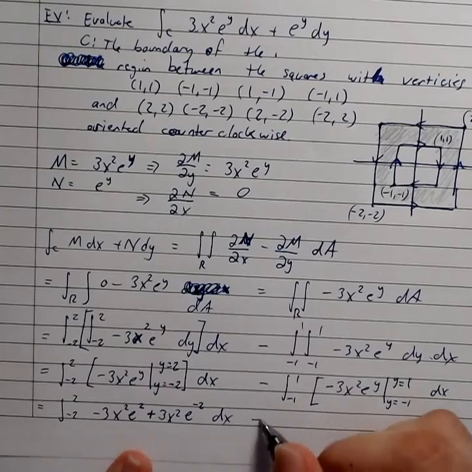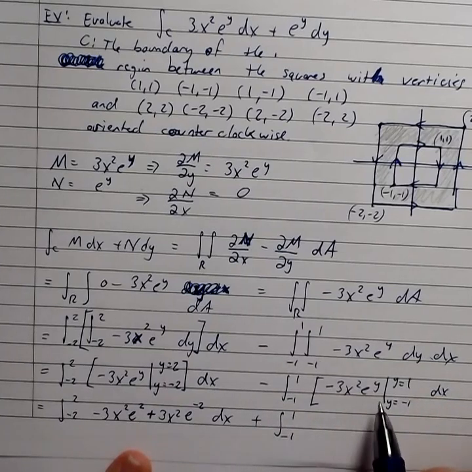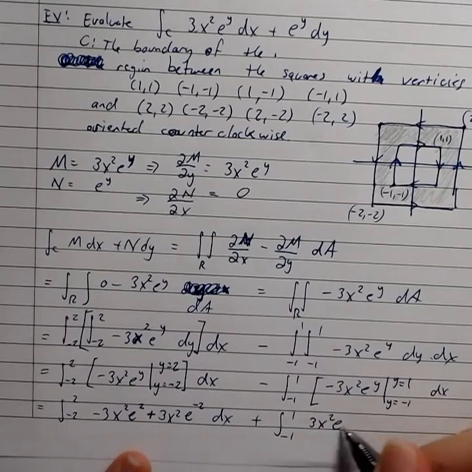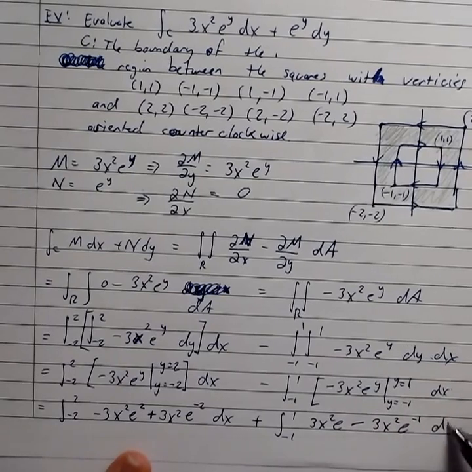Let me just write that as a plus. The integral from minus 1 to 1 of, if I plug in 1 right here, that's going to be 3x squared e to the first minus 3x squared e to the minus first dx.